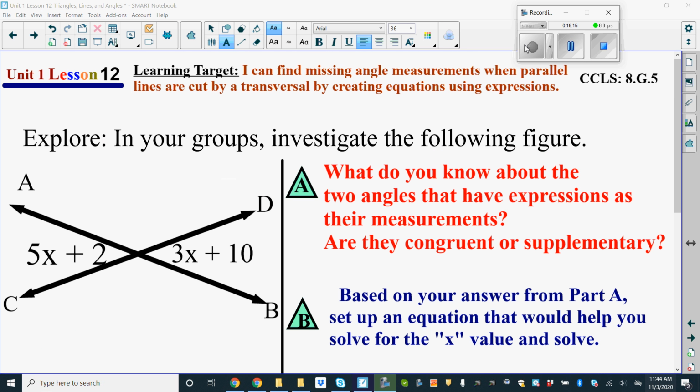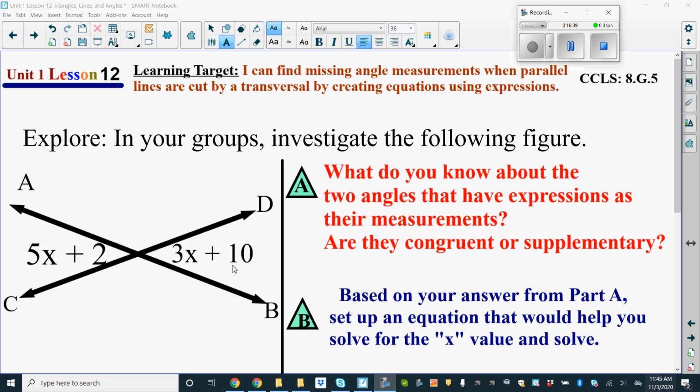Okay, so in this picture, we have seen this picture before actually. We've seen intersecting lines that create two pairs of vertical angles. So we know that this angle here, represented by 5x plus 2, is vertical to 3x plus 10 because they meet in the middle and they are equal to each other.